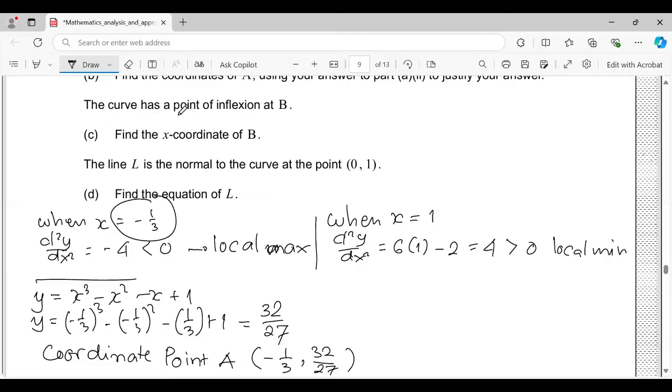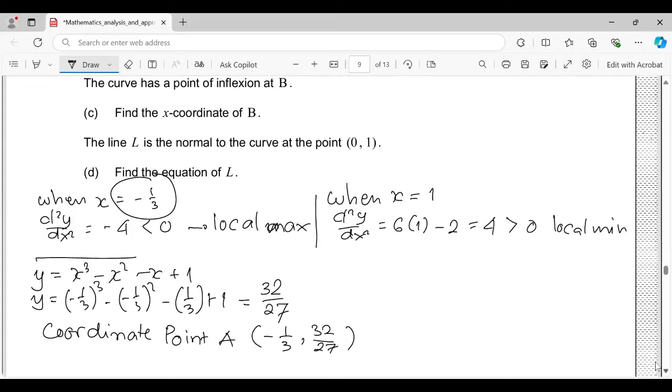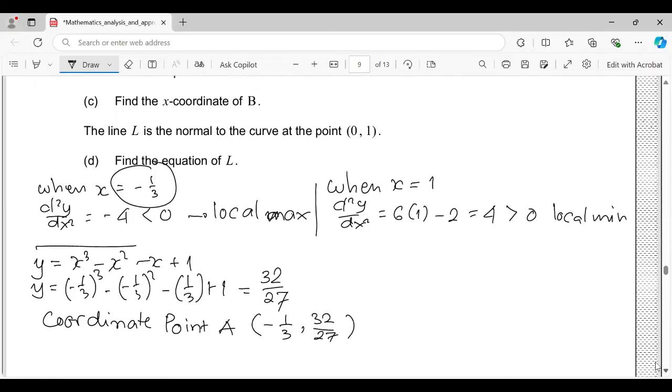The curve has a point of inflection at B. Okay, find the x coordinate of B. Coordinate point consists of x and y. So we're going to find the coordinate, the x.